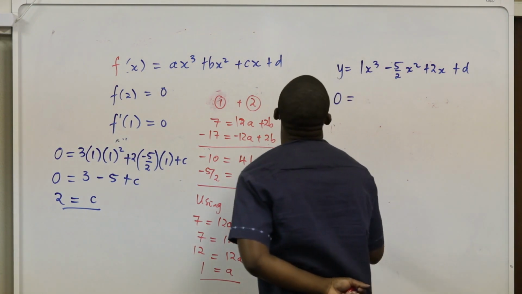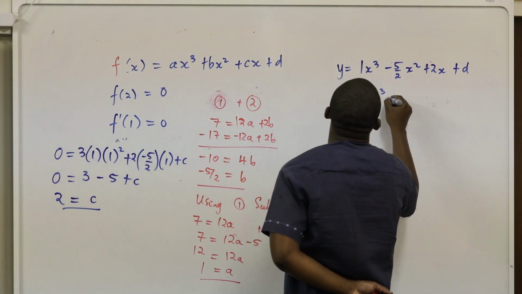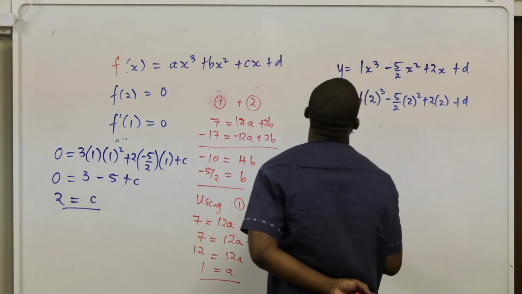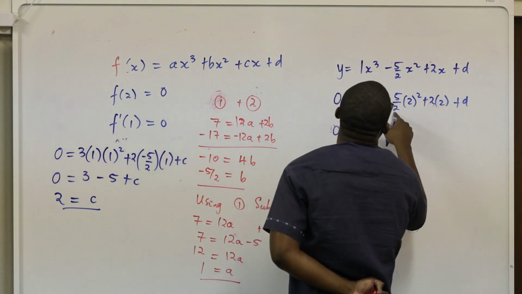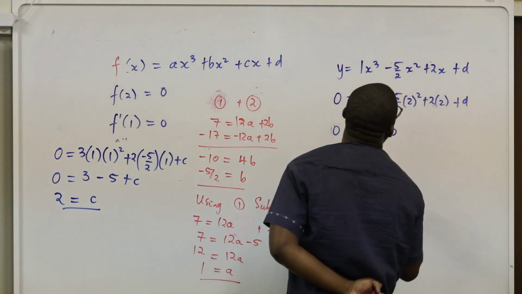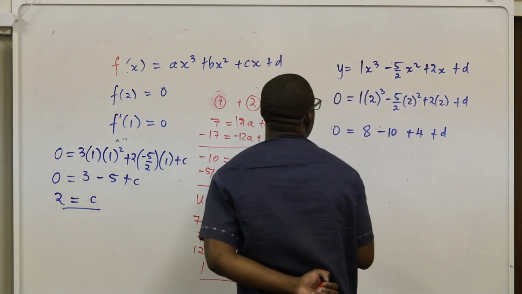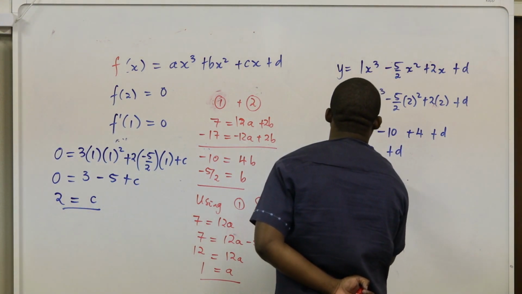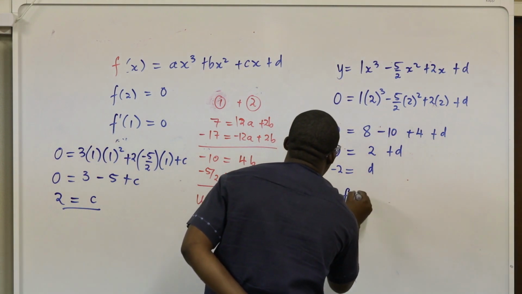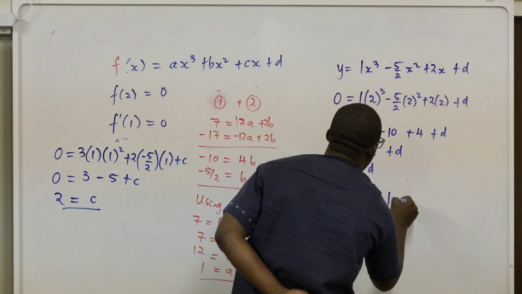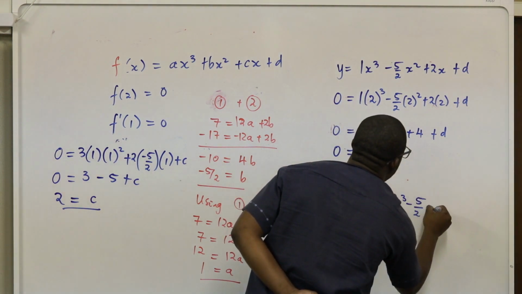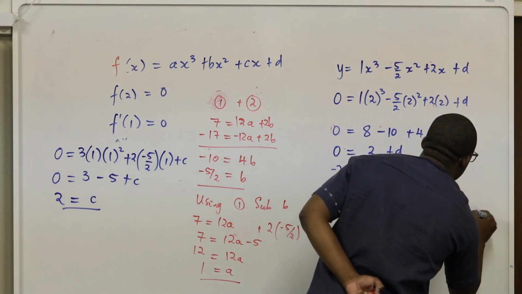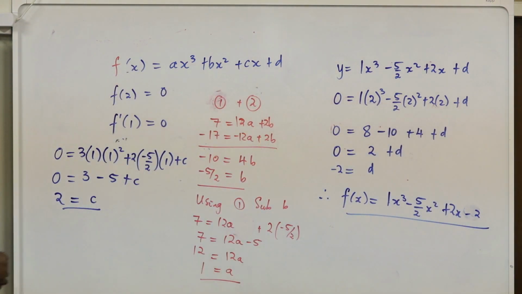So in place of y, 0, wherever there's x, I put 2 cubed, minus 5 over 2 times 2 squared, plus 2 times 2, plus d. This is 8, minus 10, plus 4, plus d. This forms 0 is equal to 2 plus d, and d is equal to minus 2. Therefore, f of x is x cubed minus 5 over 2 x squared plus 2x minus 2.